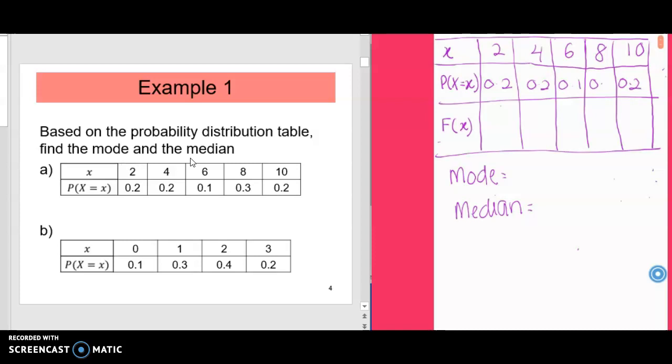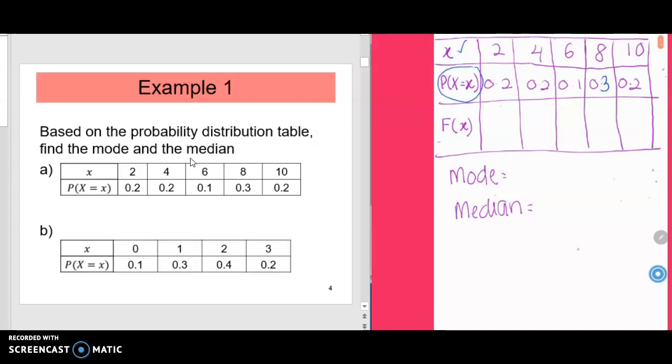So given the value of x, the values of x are 2, 4, 6, 8, and 10. Probability distribution here: 0.2, 0.2, 0.1, 0.3, and 0.2.